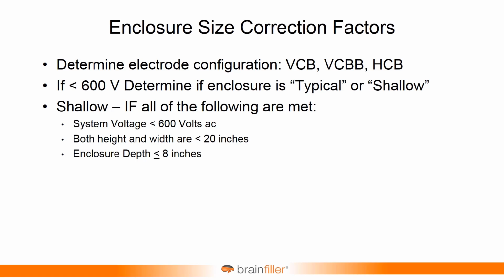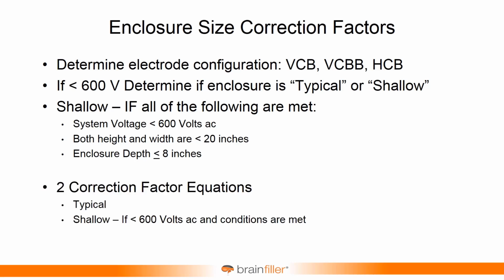So as far as the correction factors, and there's a whole calculation process you go through for this, we have what's typical and what's considered shallow. Typical is most commonly what you're going to be using for low voltage, for medium voltage up through 15 kV. But again, for low voltage, less than 600 volts, if it's classified as shallow, there's a different adjustment that you can make.